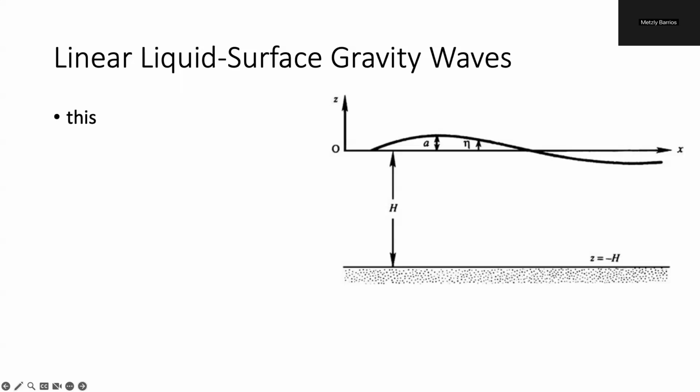So let's limit these to small slopes. What that means is that A divided by lambda is going to be much, much less than 1. So that means the waves are going to be long compared to how tall they are, and that will allow us to do something called linearization. This is a mathematical technique by which we look at a series of perturbations and take the first order perturbation.